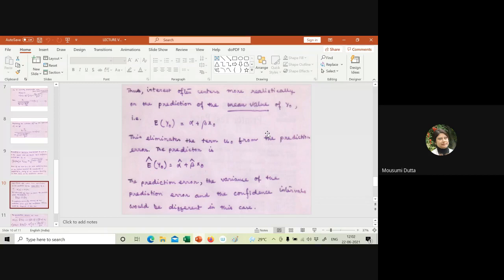Okay, so part B: instead of considering the actual predictor, if we consider the expected value of it, what will be the value of the predictor?